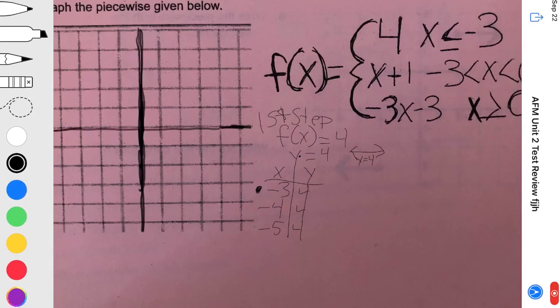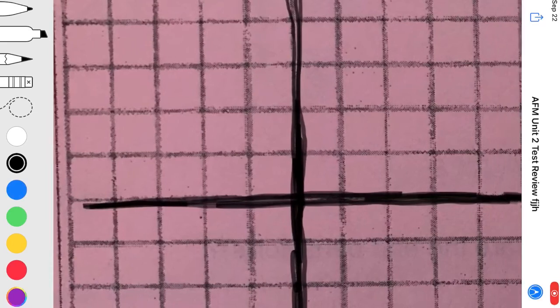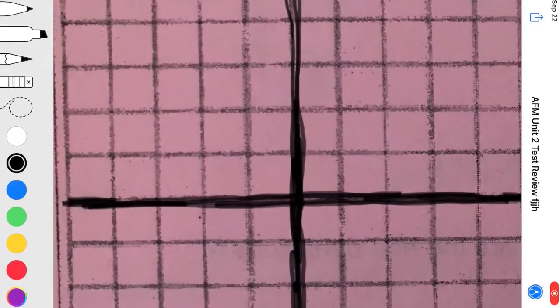From the top is our x-axis. So there we go. So -3, 4. Forward. And that's going to be a closed circle. And then we have -4, 4. And -5, 4. And we could keep going.